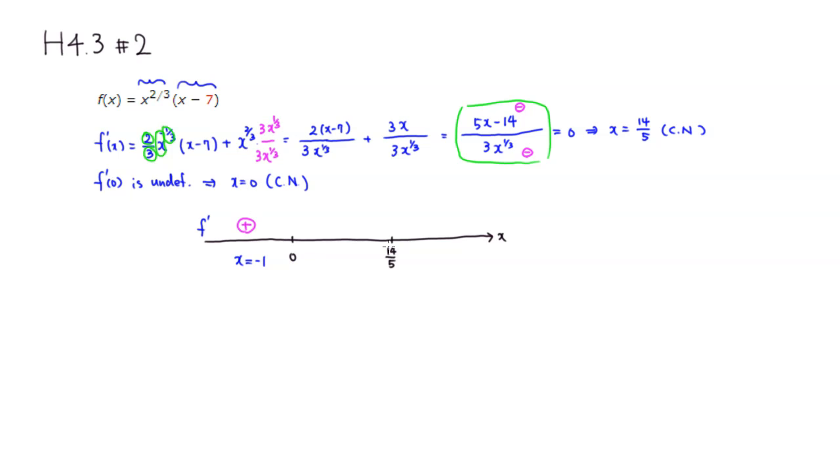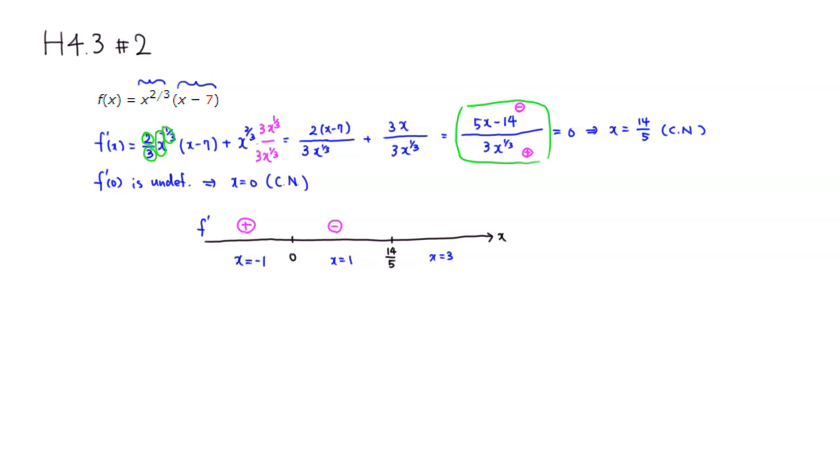Anything between 0 and 14/5, I'll try 1. The denominator is positive, and the numerator, 5 minus 14, is negative. So negative divided by positive is negative. Anything bigger than 14/5, we try x equals 3.